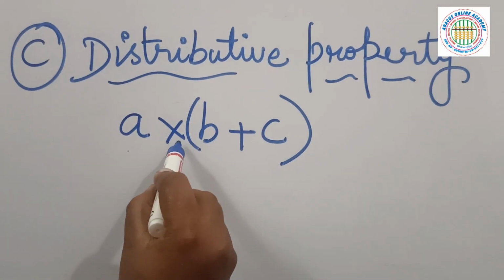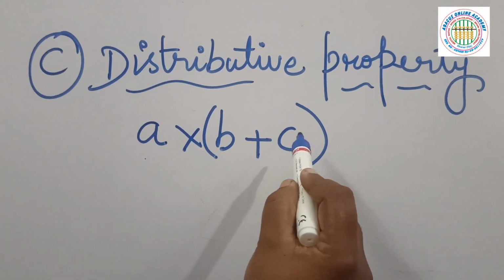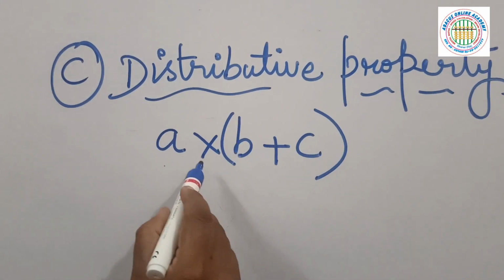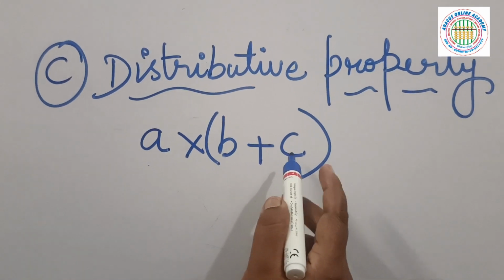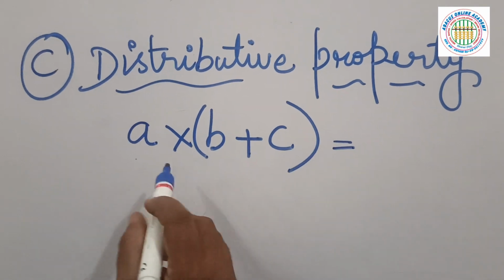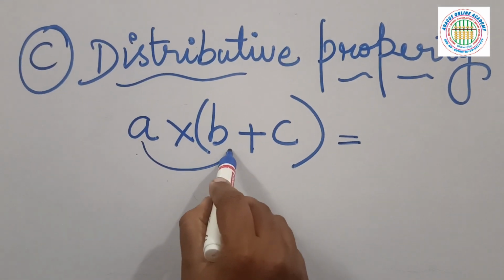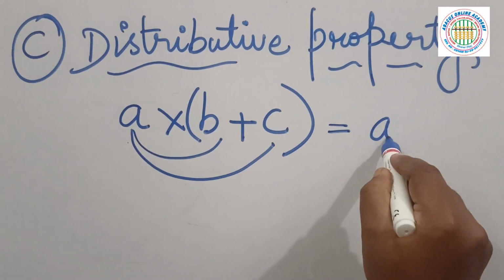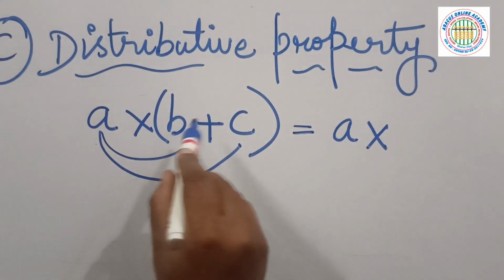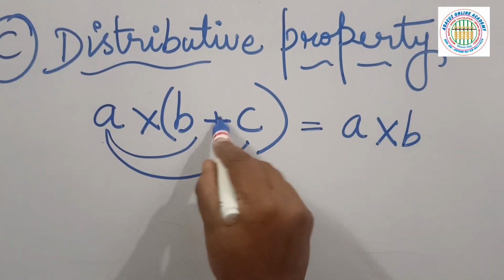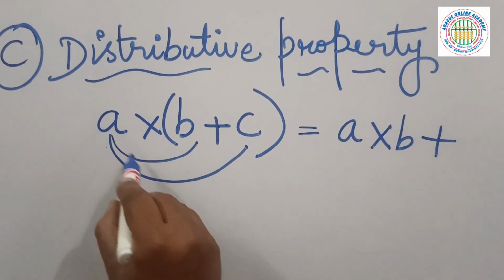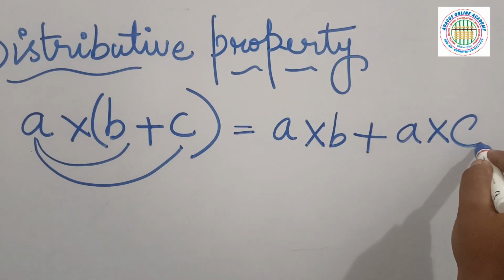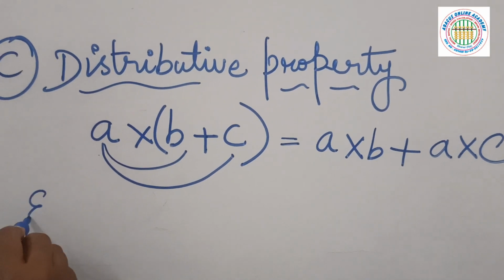Okay, A multiplied by B multiplied by C, or A into B into C. But distributive property is A into B plus C is equal to, we are distributing this A here, okay, for B and to C. So A multiplied by B plus A multiplied by C.